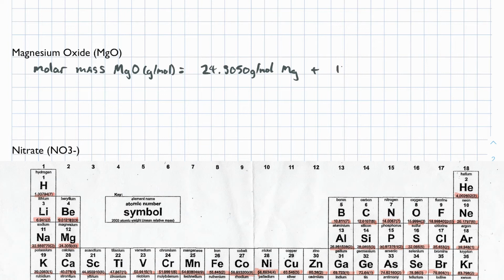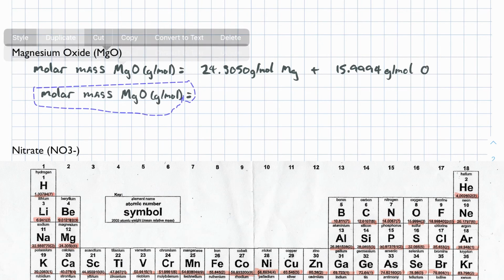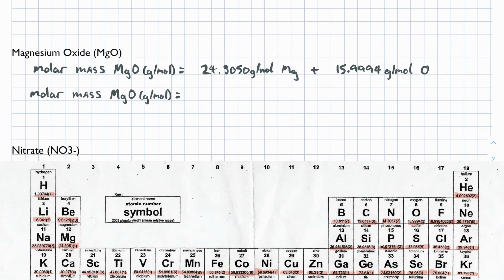And you want to add that with oxygen, so that's 15.9994 grams per mole. If you just plug this into your calculator, you'll end up getting 40.3044 grams per mole of MgO.